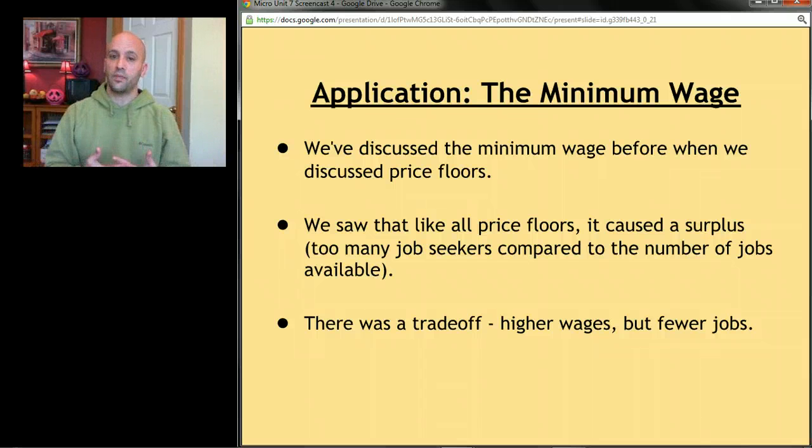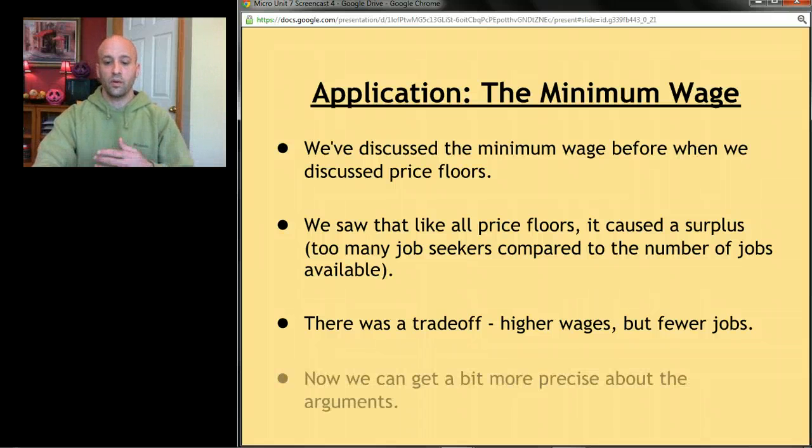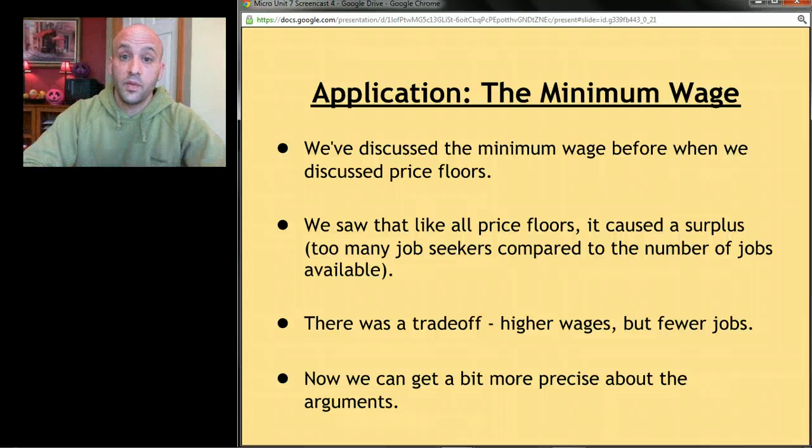If you had a job and you kept your job, you got paid more, but we got fewer jobs. Well, that was kind of a simplistic vision of what the effects of the minimum wage are. Now that we can distinguish between different kinds of labor markets, we can get a little bit more precise about what the arguments for the minimum wage might be.